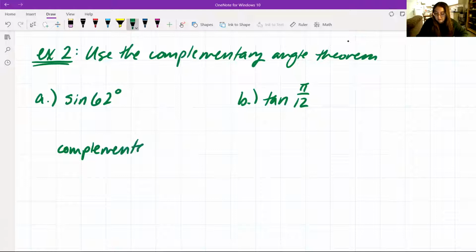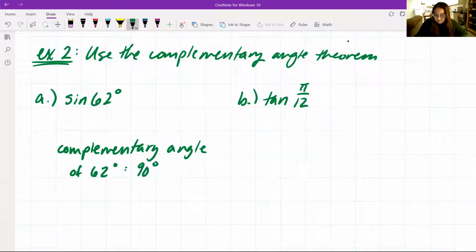This value has to add to 62 degrees in order to become 90 degrees. So if we subtract 62 degrees from 90 degrees, that will give us our complementary angle. 90 degrees minus 62 degrees gives us 28 degrees. So our complementary angle is 28 degrees.